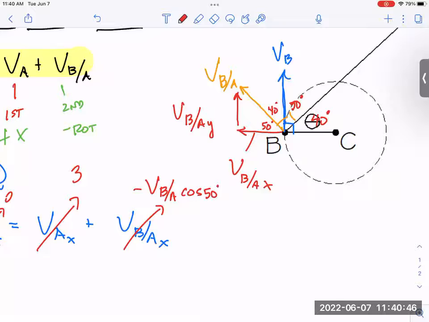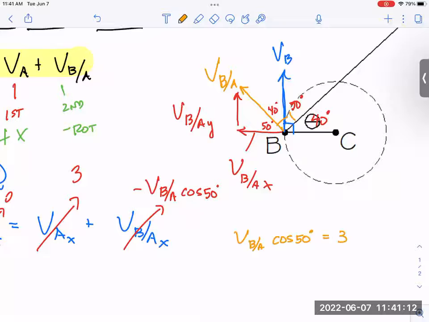So instead of just saying the velocity of BA in the x direction is -3, I really didn't want to know it in the x direction. I actually want to know the velocity of BA. So I guess that would mean the velocity of BA cosine of 50 would be equal to 3.